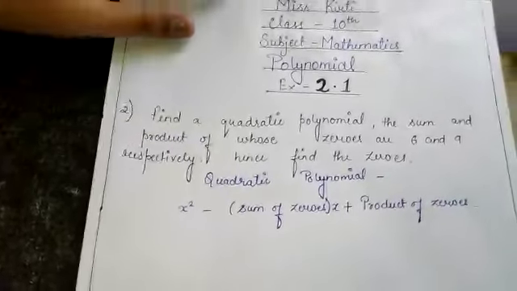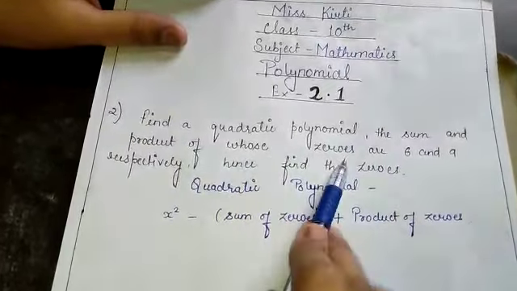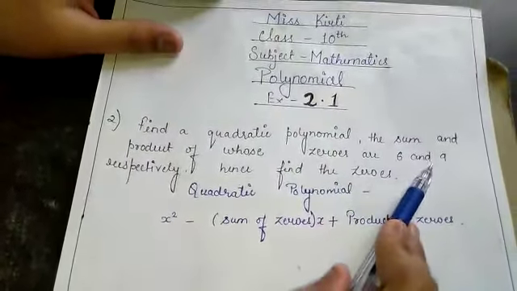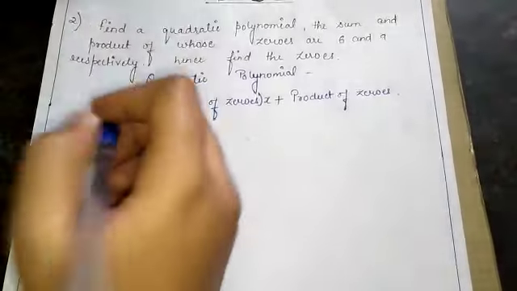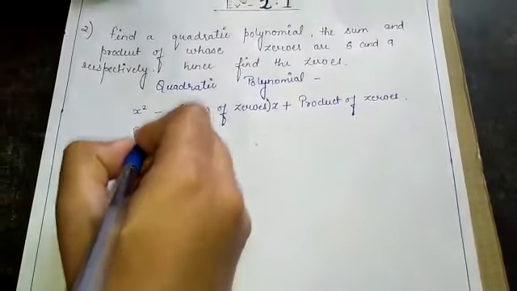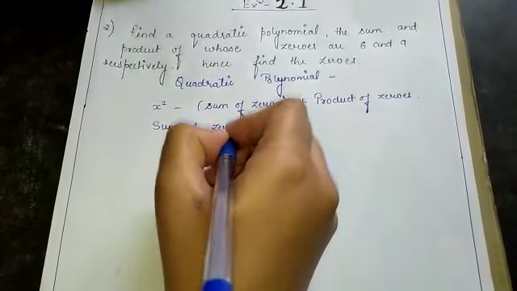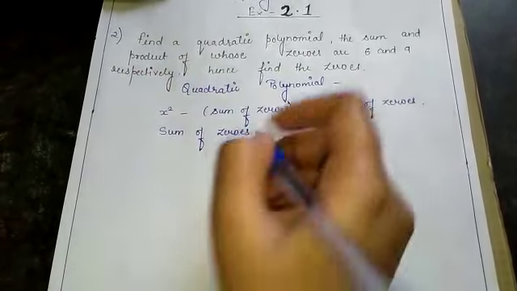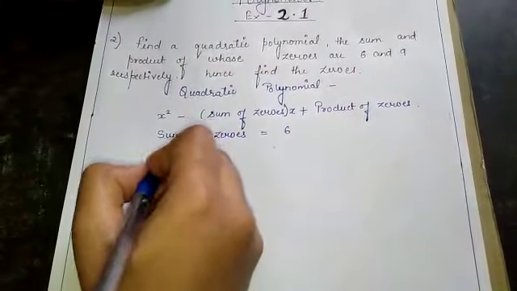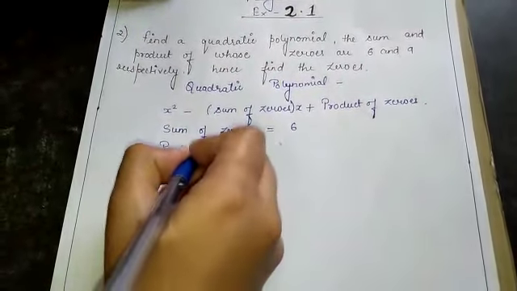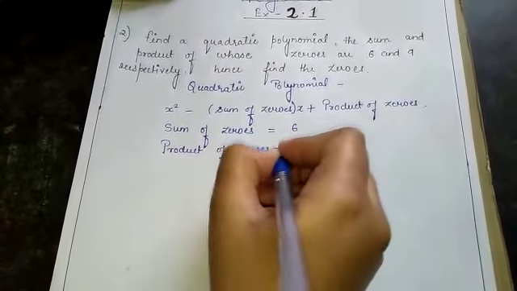Here in this question we are given the sum and the product of zeros as 6 and 9. So I write: sum of zeros is 6 and product of zeros is 9.